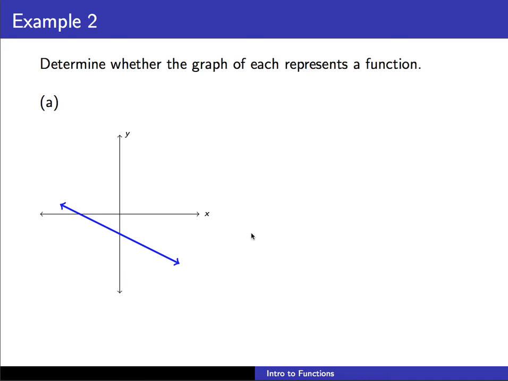So example 2, determine whether the graph of each represents a function. In example 2a, we have this line going down to the right. Every vertical line we draw is only going to hit the line one time. There's no vertical line that's going to hit it twice or more. Because each vertical line that we draw through this graph only hits that blue line once, this one is a function.